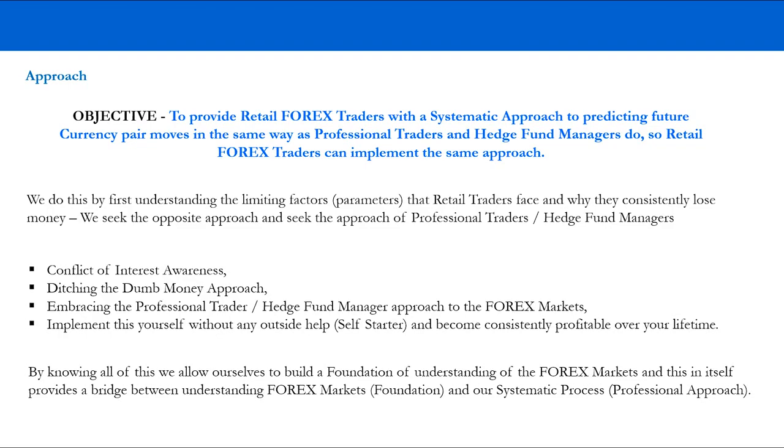So first thing we have to do, and we laid out, is we have to be aware of the conflict of interest. Being aware of the conflict of interest and how everything works across the Forex markets and across the retail Forex market within the infrastructure, being aware of the conflict of interest gives us an understanding and foundation on which we can build.